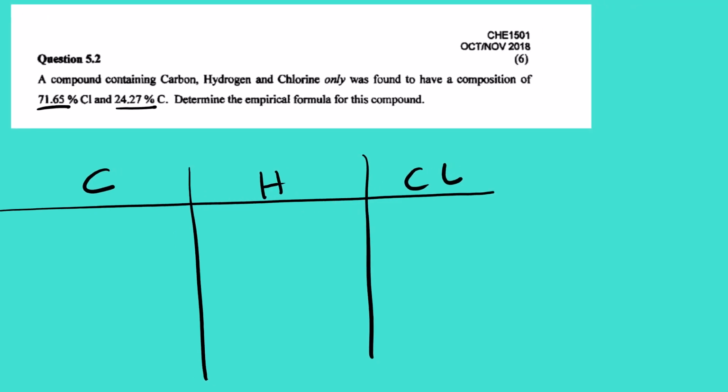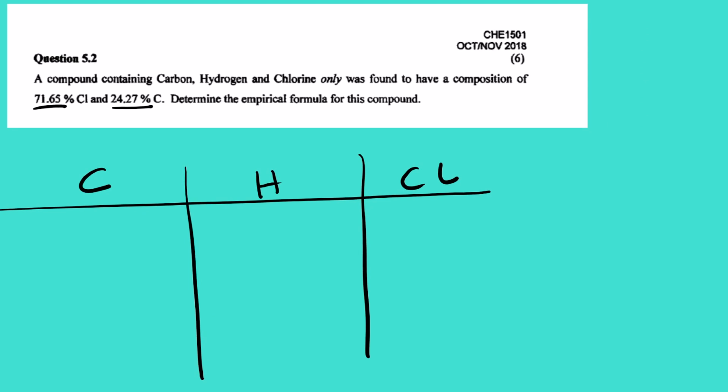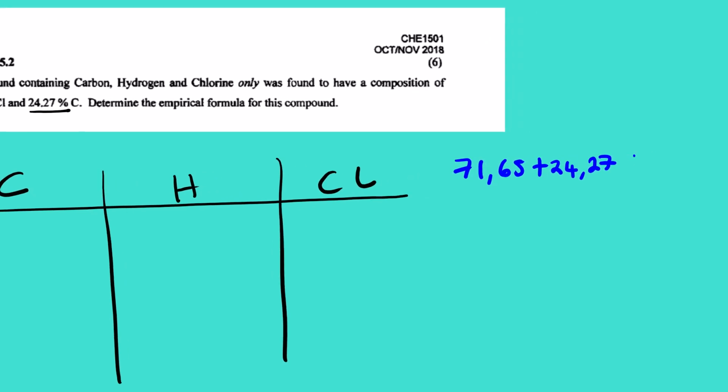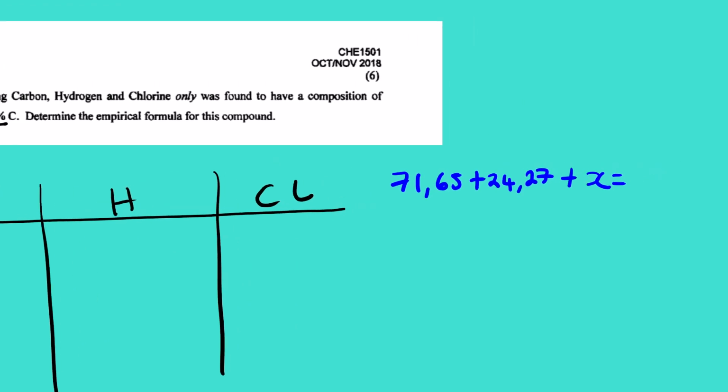So since we have the two compositions, we can formulate an equation to say 71.65% plus 24.27% plus x is equal to 100%.